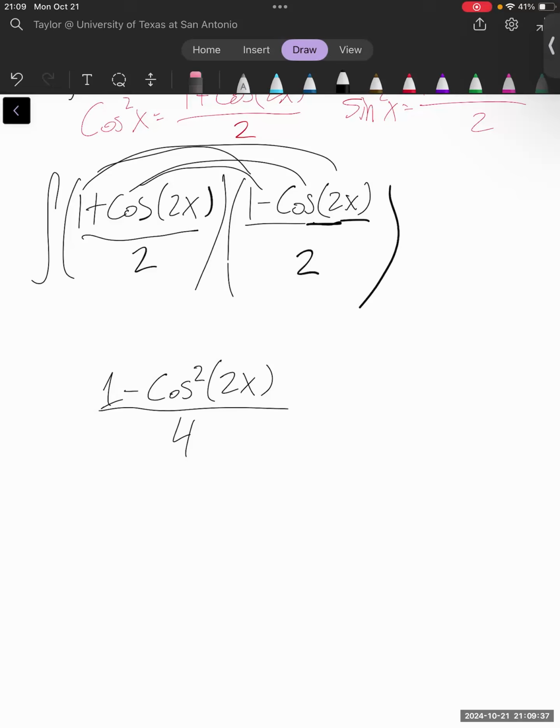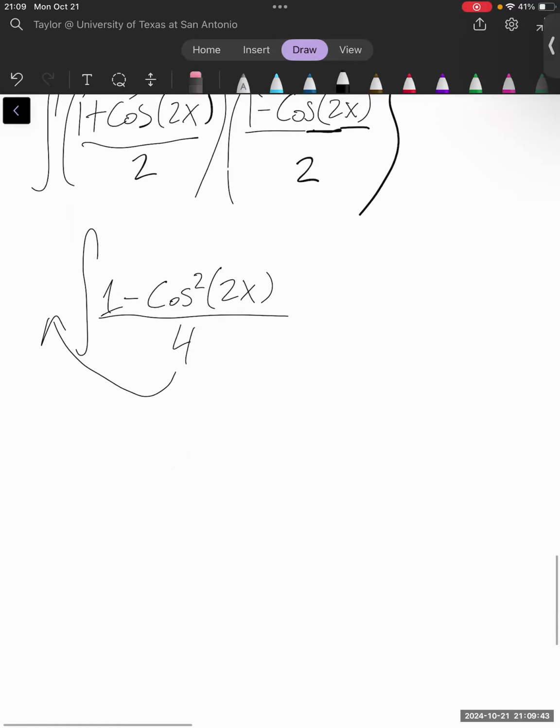And then we're taking the integral of this. I can take the 1/4 out of the integral, so this gives me 1 over 4 times the integral of 1 minus cosine squared 2x.